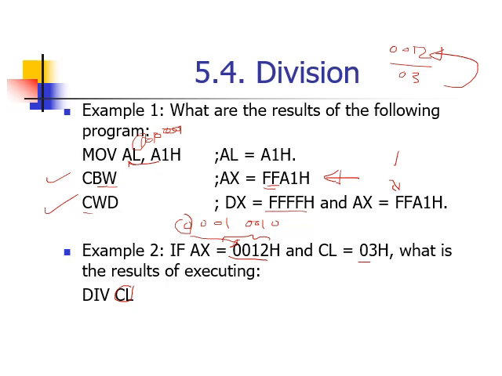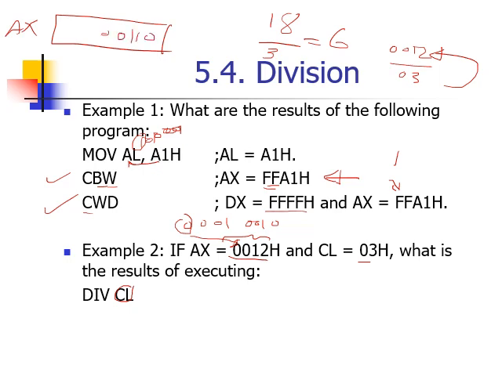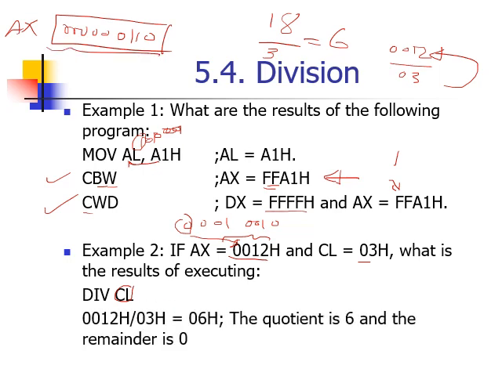If you're doing this, 12 hexadecimally is what? This is 12 hexadecimally, it's 18. And this is 3 hexadecimally, which is 3 decimally, the result is 6. So if you check your result now in your AX, you would find 0 1 1 0, and the rest are all zeros. Good. So this is your result.